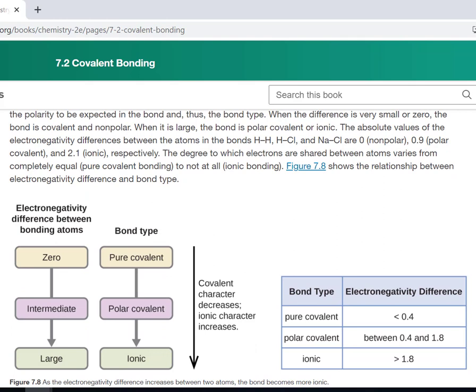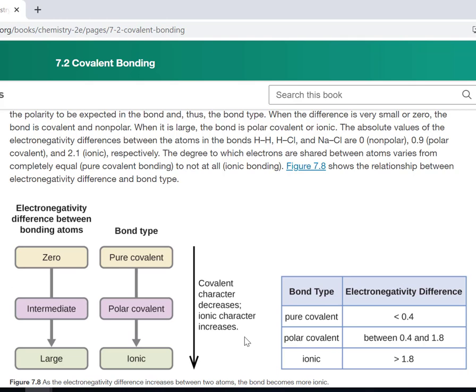If there is zero difference between the electronegativities of the bonding atoms, we would say we have a pure covalent bond. There's nothing at all polar about it. If there is a large difference, we would say we have an ionic bond, because we have a complete transfer of electrons. And between those two extremes, we would say we have intermediate, a polar covalent bond.